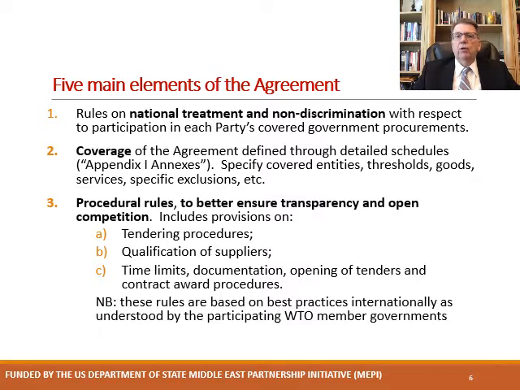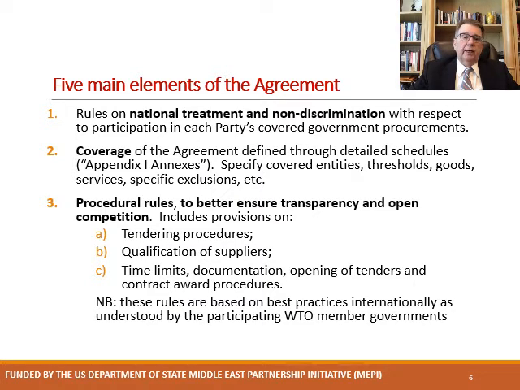The GPA only applies to procurements which have higher value than listed minimum threshold values, which are specified in the schedules. The GPA schedules also specify which goods, which services are covered by the agreement with respect to that party.